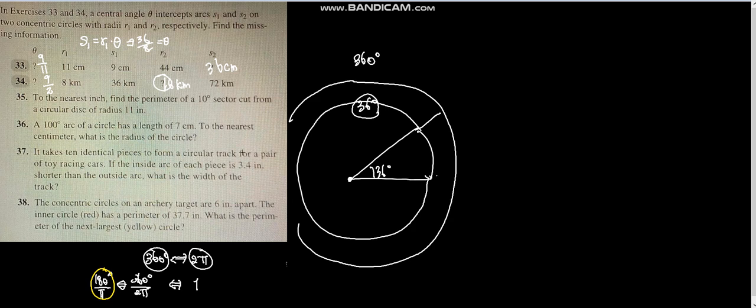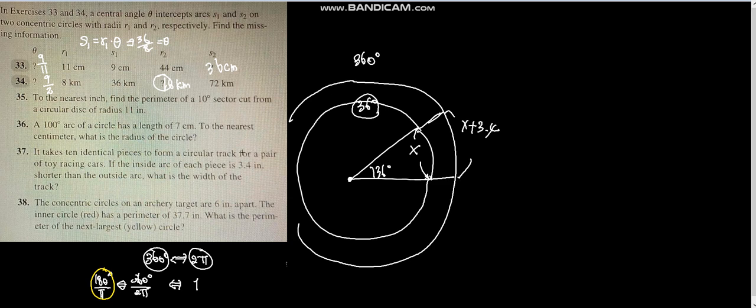So it says each piece is 3.4. Therefore, this slice, for example, if this is x, then this should be x plus 3.4, because it says the inside arc of each piece is 3.4 inches shorter than the outside arc. What is the width of the track?